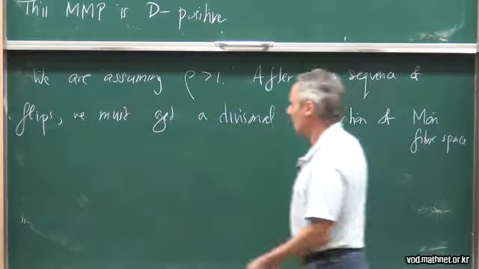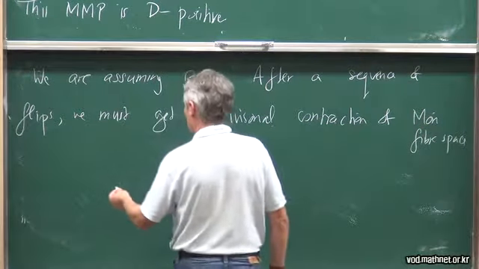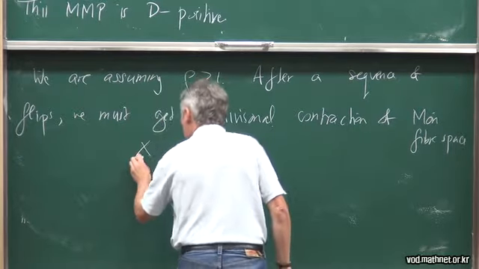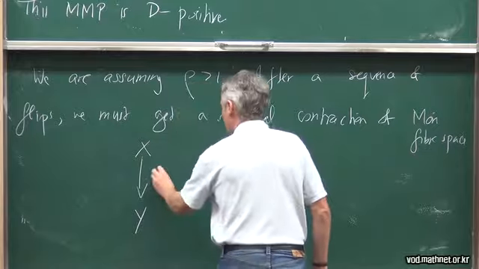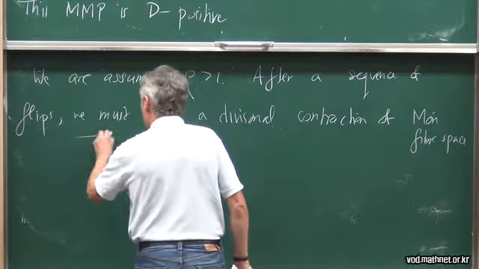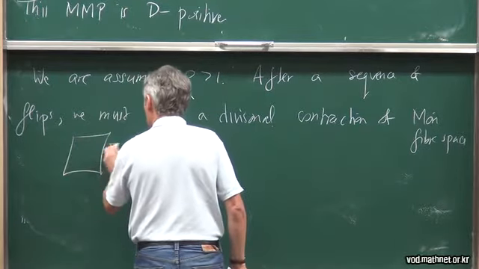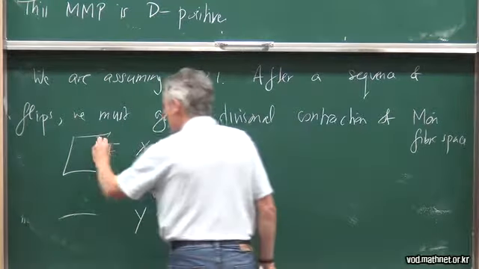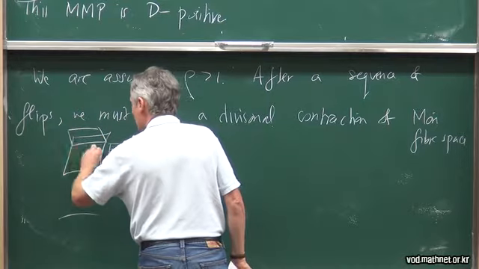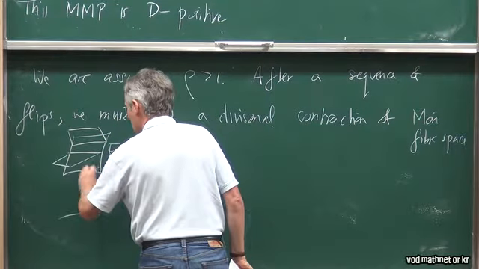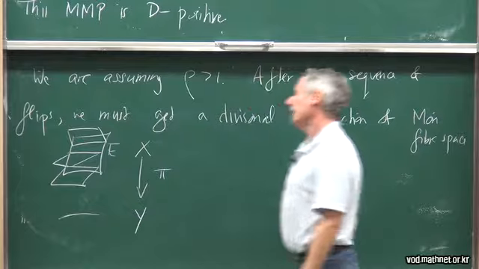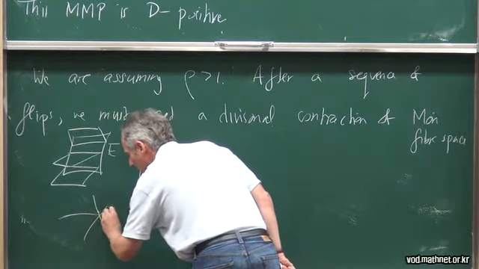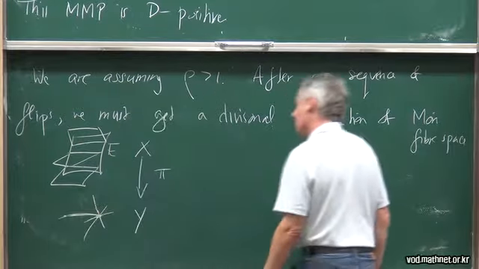Let me just draw a picture to show you why that's completely impossible. So, you've got X. Let's suppose it's a divisorial contraction, so the map is birational. And then you've got some exceptional divisor, E, mapping down, let's say to a curve. But by assumption, every component of D intersects E. So downstairs, you see lots of components passing through the same point.